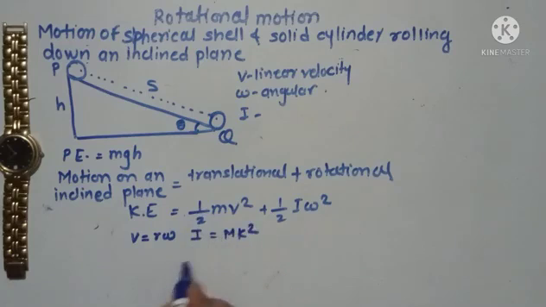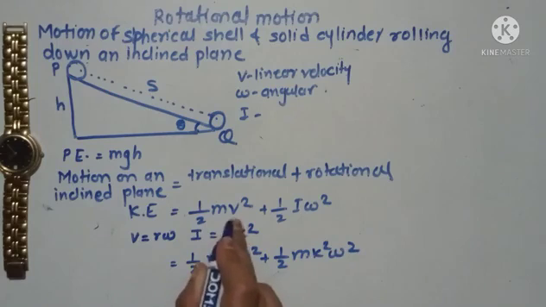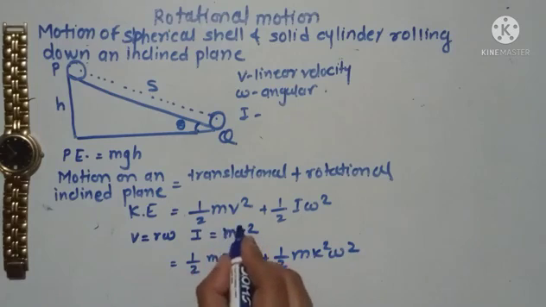So we can put these two values in this equation, and therefore we get 1/2 m r square omega square plus 1/2 m k square omega square. So the mass is the same.